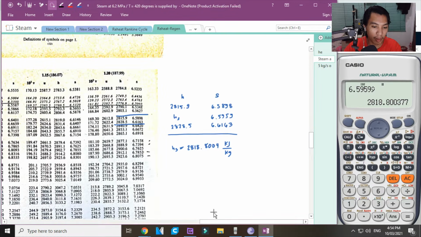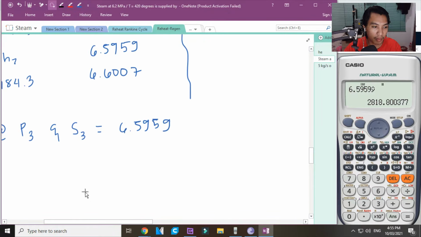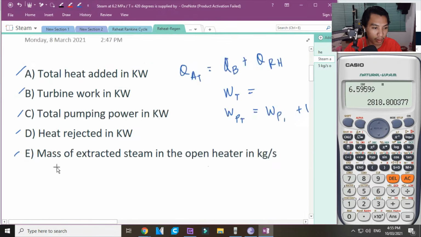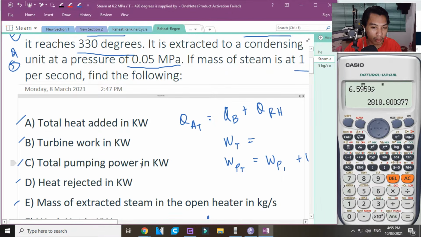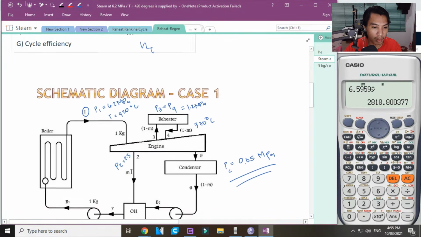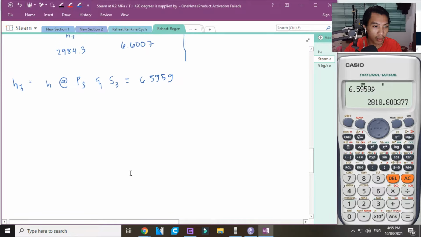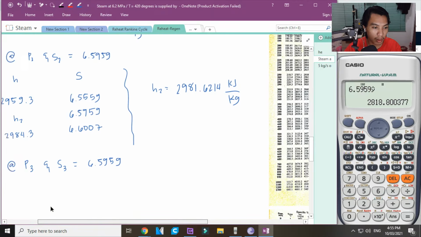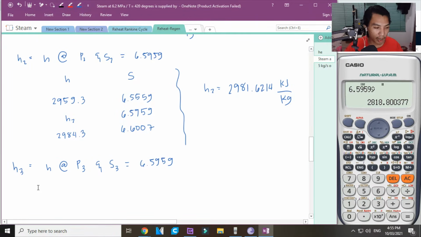Saan siya nailagay? Control Z. H3 is 2818.8004 kilojoule per kilogram.